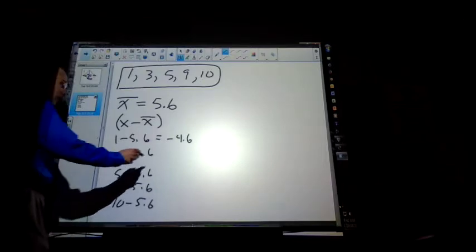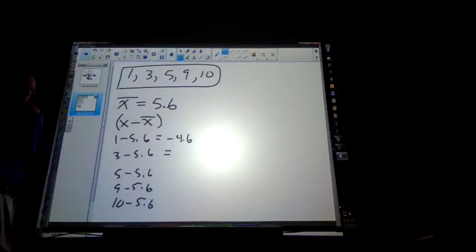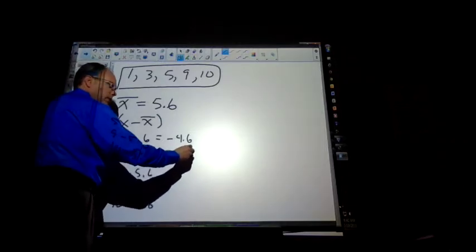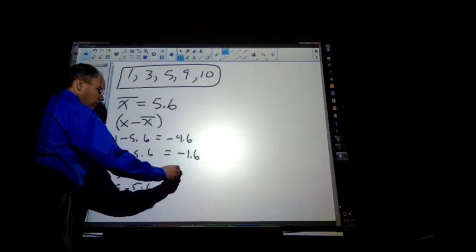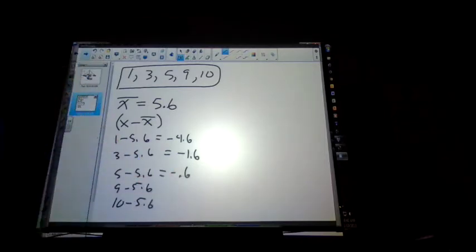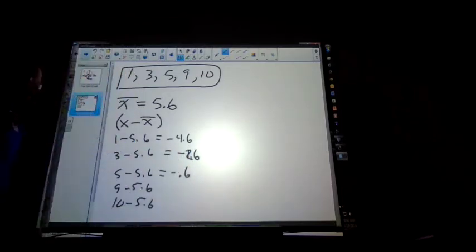That should tell you which direction from the average. Left. Good. This is, how much? Negative 2.6. Negative 2.6 means we're which way from the average? Left still. 5 minus 5.6. So that's negative 0.6. Okay. 9 minus 5.6.